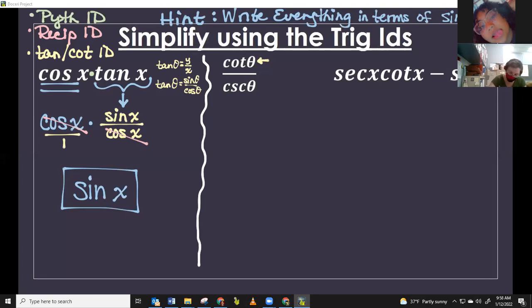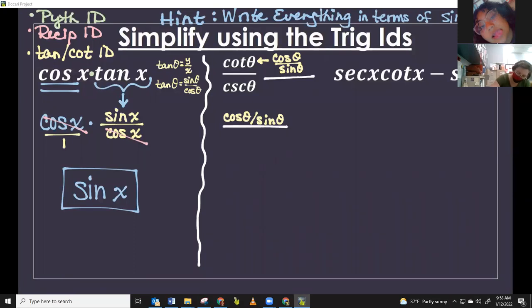Cosine over sine, yes. So I can rewrite cotangent as cosine theta over sine theta, right? So I'm going to bring that down right here. Cosine theta over sine theta.